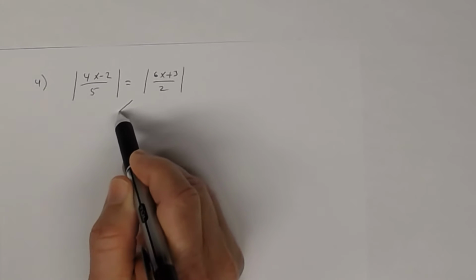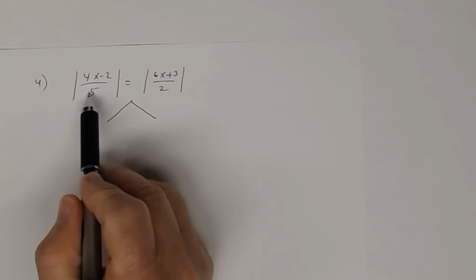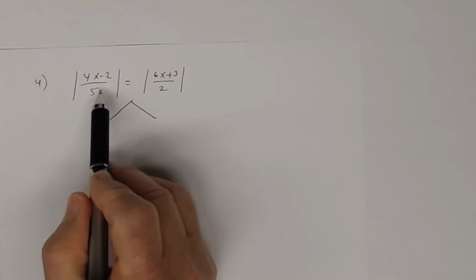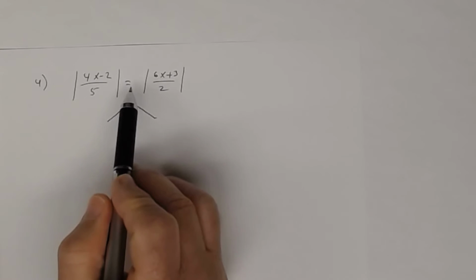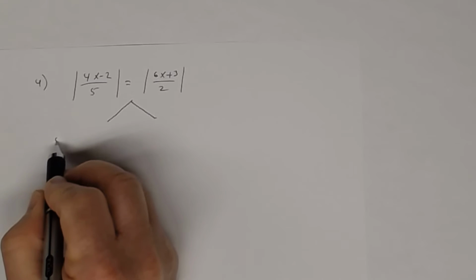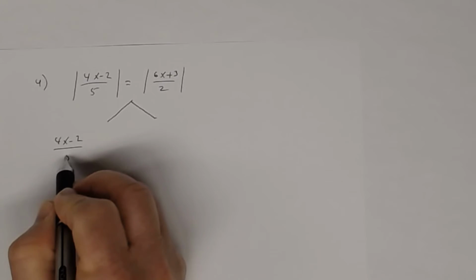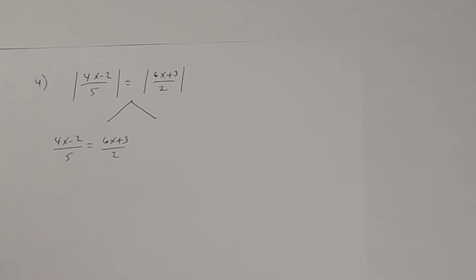So let's go ahead and rewrite this without the absolute value bars. So we're going to split it apart. You're going to write it as two separate equations. And so remember that when you rewrite it, you're going to take the variable expression that's in the first one. You're going to set it equal to the variable expression that's in the second, right? So you're going to get 4x minus 2 divided by 5 equals 6x plus 3 divided by 2.